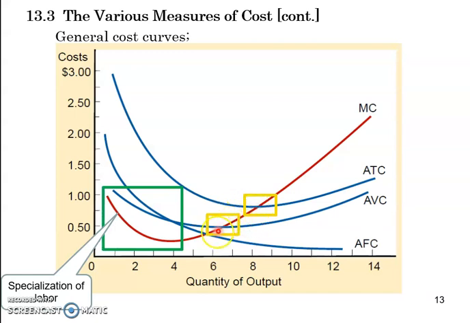So because of what we just mentioned, we know that MC crosses the bottom of these two average curves. Okay, so later when you draw these curves, please be careful about these graphical details, because behind each detail there's an economic intuition, right? Now in the next video we're going to wrap up this chapter.